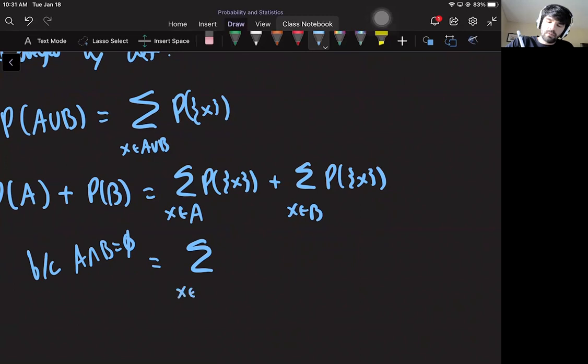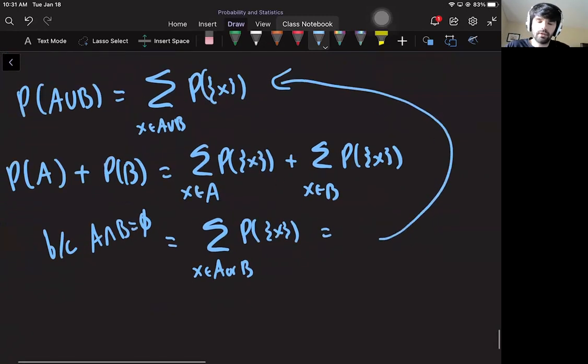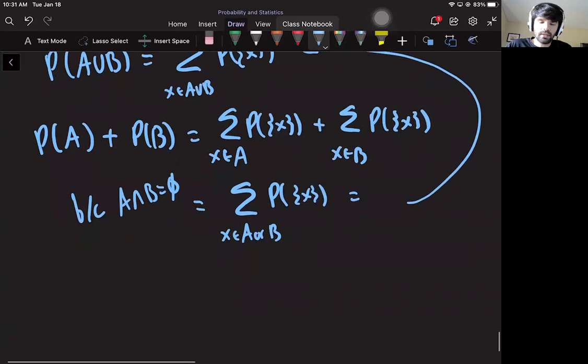You can just do the x's in either A or B and add those up. But that's exactly what this is. That's this thing. So that's why this rule is automatically obeyed when you define probability of events by just doing probabilities of the individual outcomes added together.